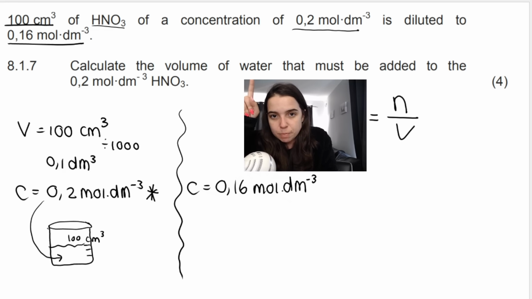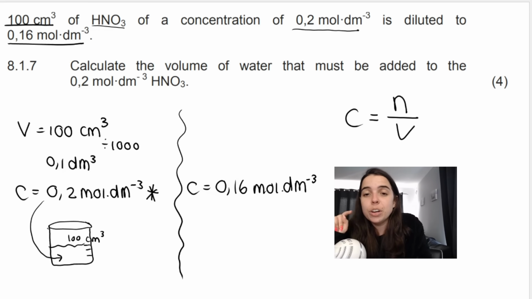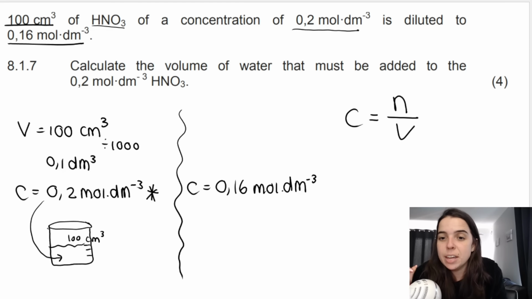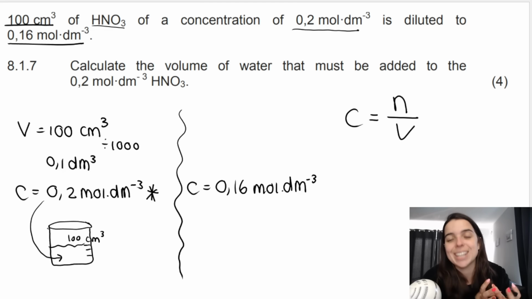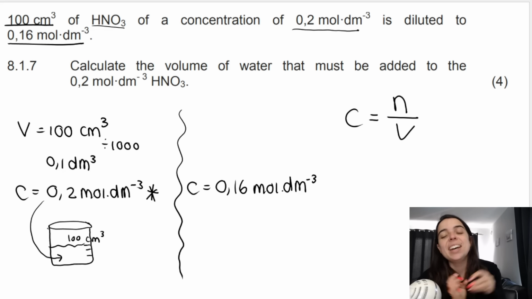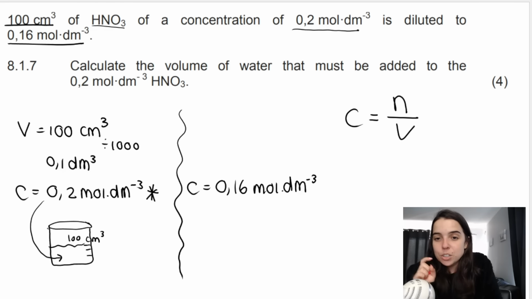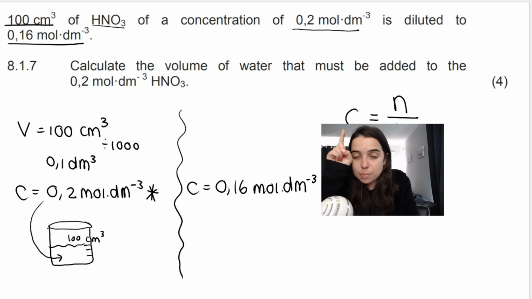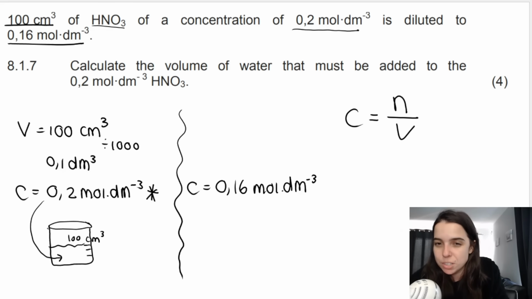In this case, it's water that we're adding. If I add a bigger volume of water, then my solution is more dilute. It is less concentrated. If I have less water, so the volume is smaller, then my solution is more concentrated.